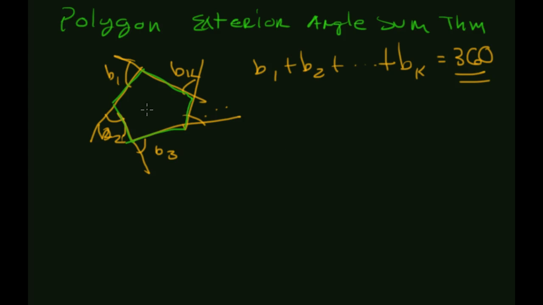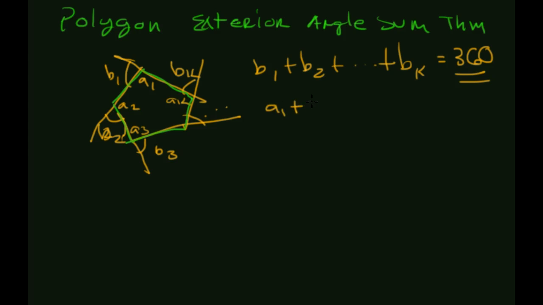Okay, so let's think about this. Each of these angles is paired with an interior angle. B1 is paired with A1. B2 is paired with A2. B3 is paired with A3. BK is paired with AK. All right. We know a couple of things here.